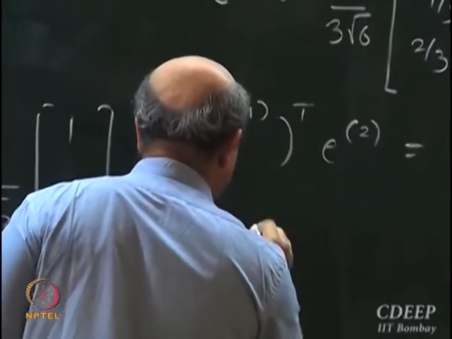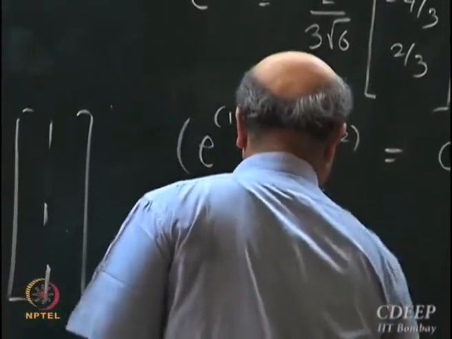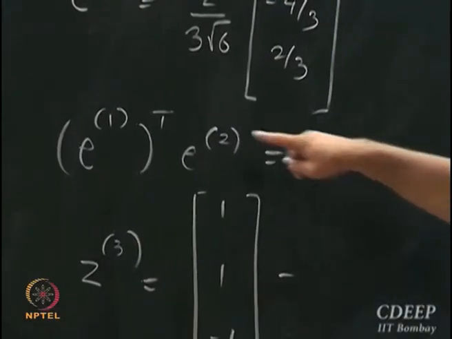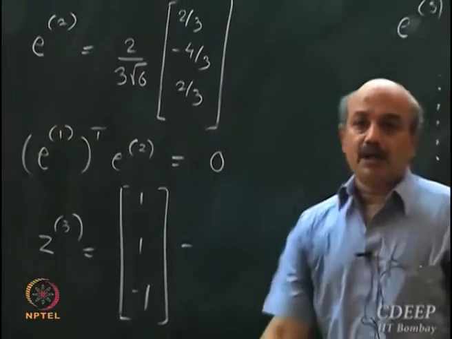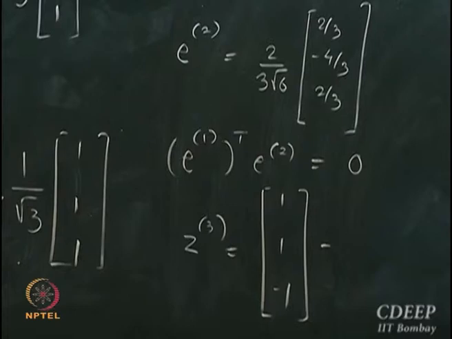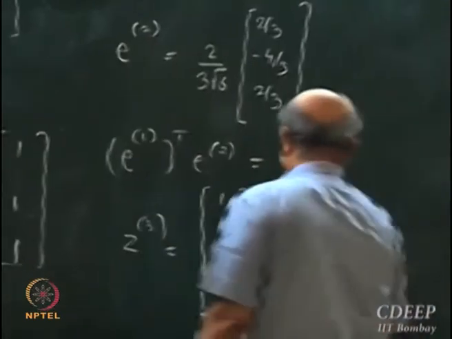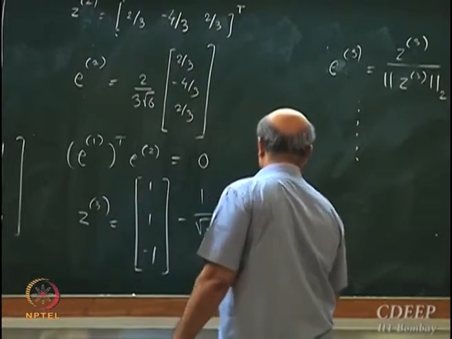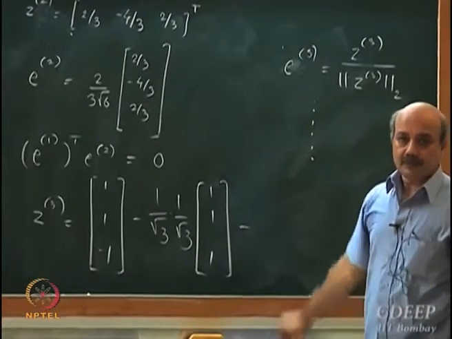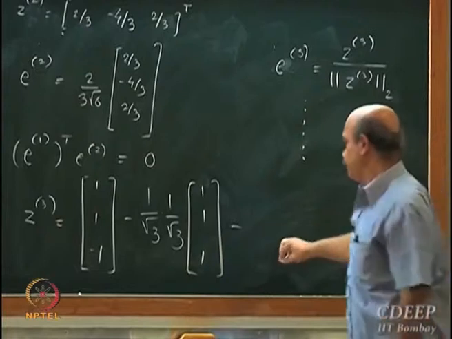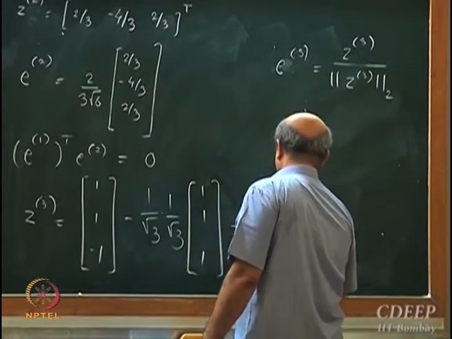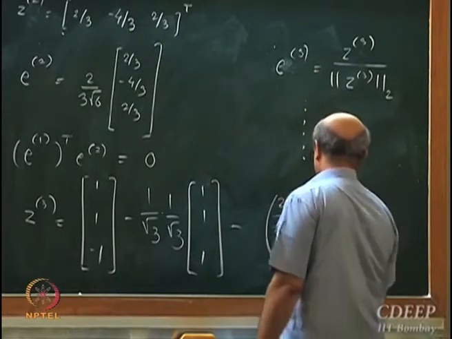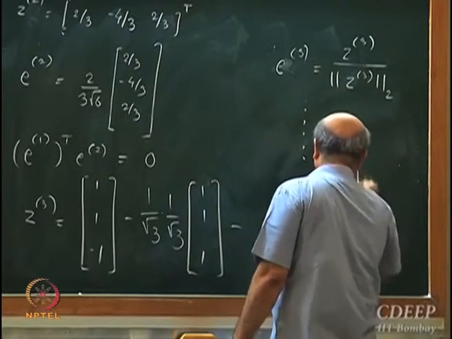What about next? What about x3? What about z3? What is z3? It is x3 minus the inner product of x3 and E1 times E1, which is 1 by root 3 into 1 by root 3 (1, 1, 1), then minus the inner product with E2.